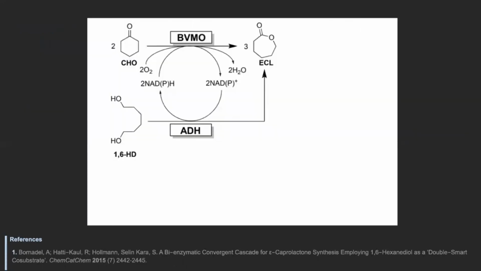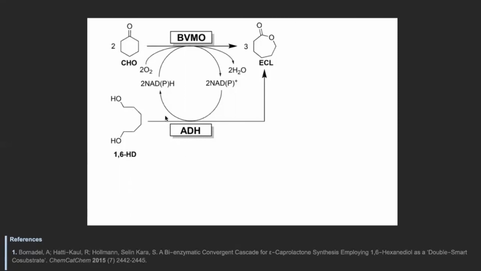Another example of a cascade is one defined in a convergent fashion. This comes from the group of Selinkara. In this case, we have the addition of cyclohexanone and 1,6-hexanediol, in a ratio of 2 equivalents of cyclohexanone to 1 equivalent of 1,6-hexanediol.